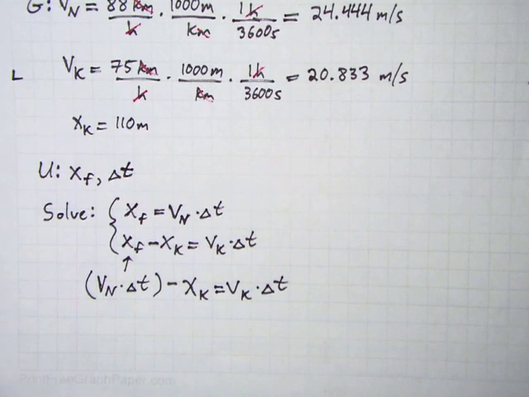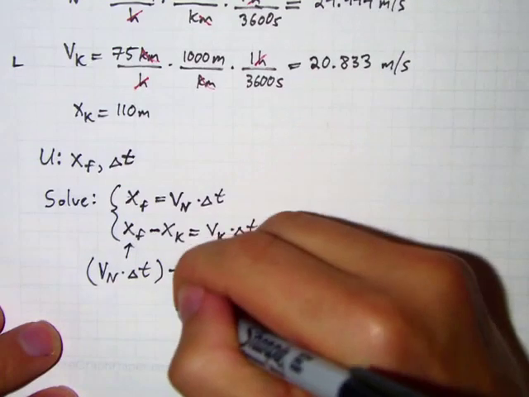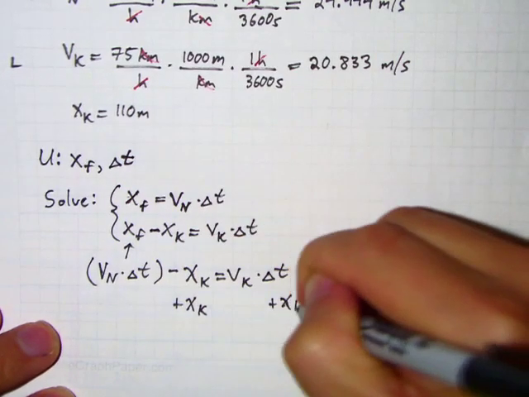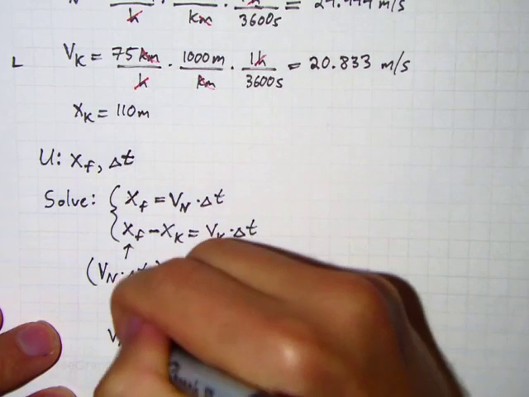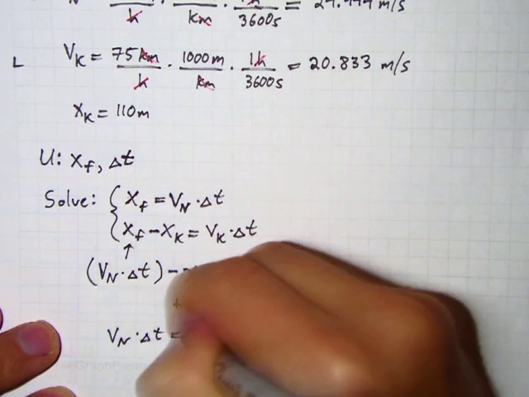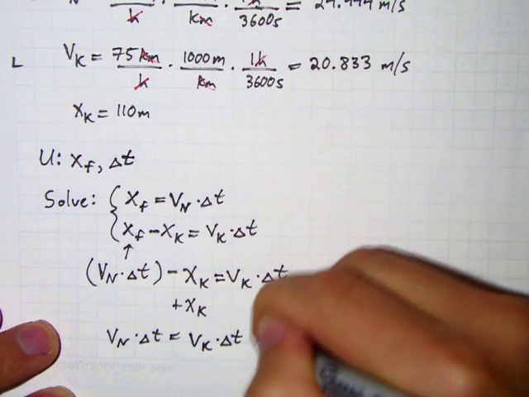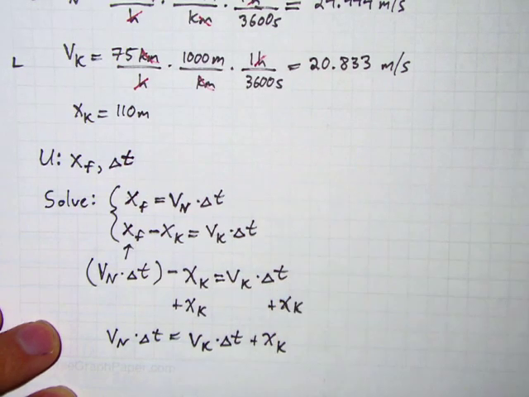I'm going to proceed with the algebra step by step here. First thing, I'm going to add xk to both sides. So I have Vn times delta t equals Vk times delta t plus xk.